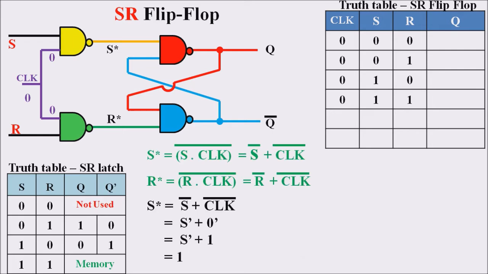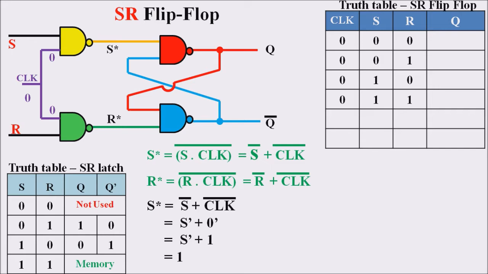Then the expression S star will be S complement plus clock complement. Here the clock signal is 0, thus S star is equal to S complement plus 0 complement. 0 complement is 1, therefore S star is S complement plus 1. Any value ORed with 1 results in an output of 1.